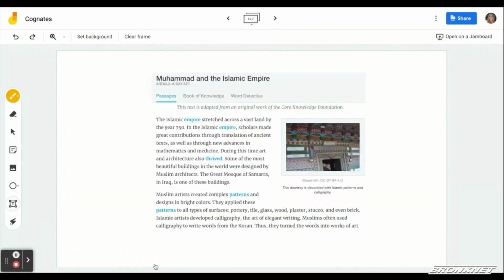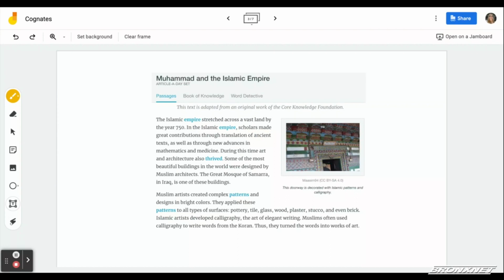Okay, let's get started. I'm gonna be reading a short passage. While I'm reading, I will try to figure out the meaning of the tricky English words that look like or sound like the words in the other languages I know. Muhammad and the Islamic Empire.